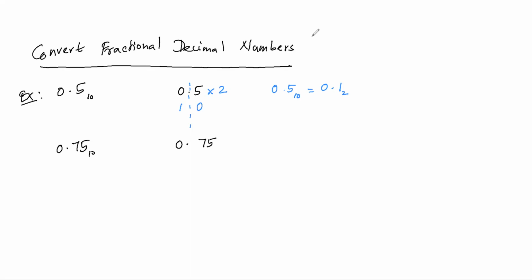Then we are going to separate our decimal point with the number and we'll multiply by 2. When you multiply 0.75 by 2, you will get 1.5. Now what you have is 0.5 here. You multiply by 2. 0.5 by 2, that is 1.0. So this becomes 0. So the answer: 0.75 in base 10 equals 0.11 in base 2.